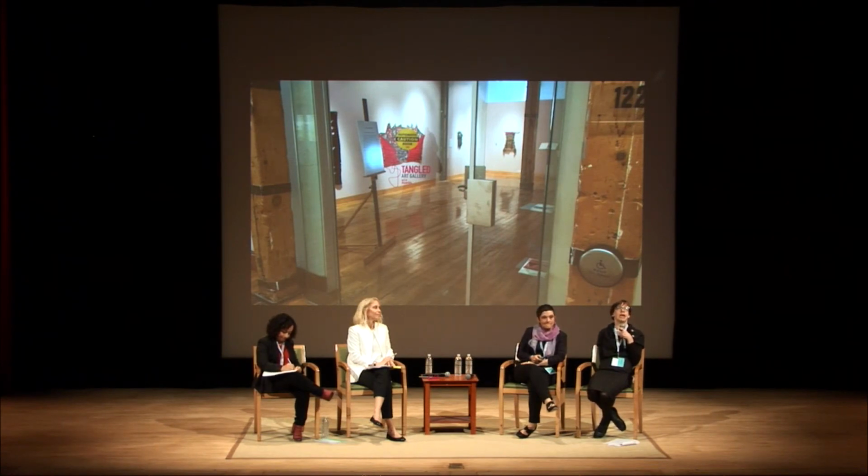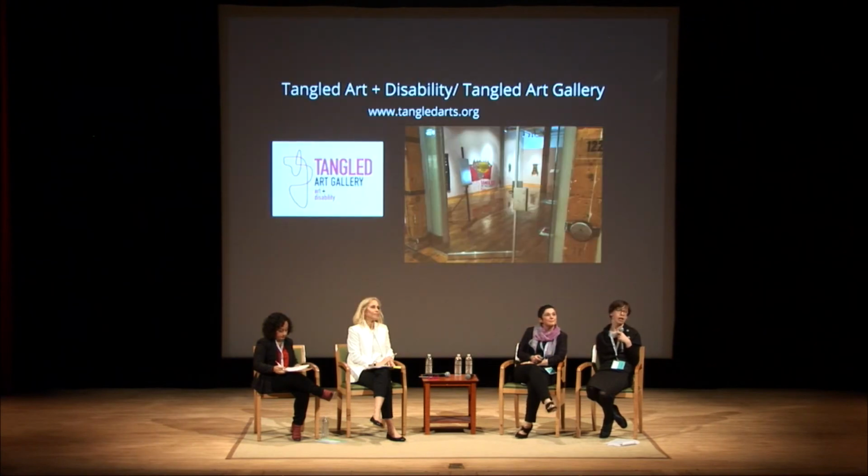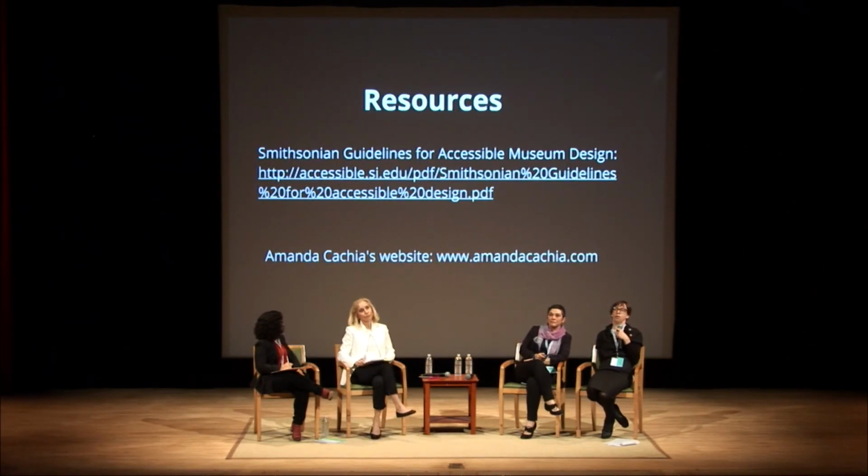And beyond the accessible door, you see the gallery with highly painted wooden floors, rose-colored walls, and you see tapestries on the wall. And here we have it again with the Tangled Art Gallery logo. And some resources.